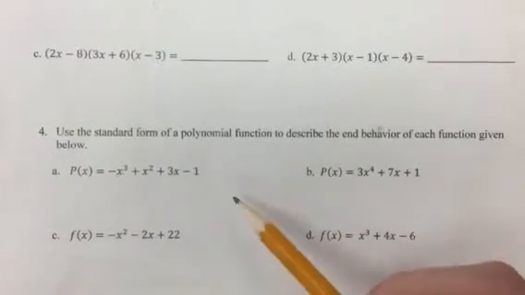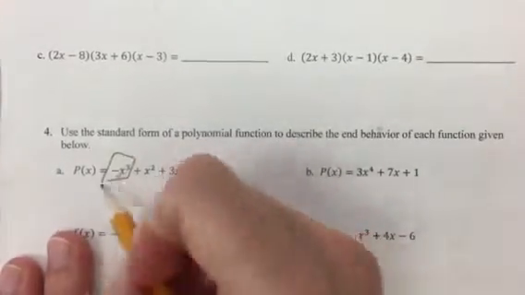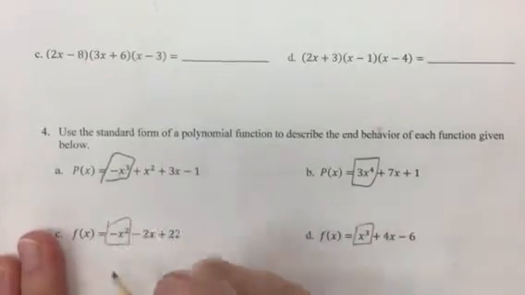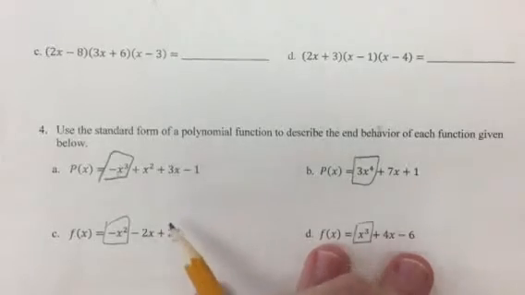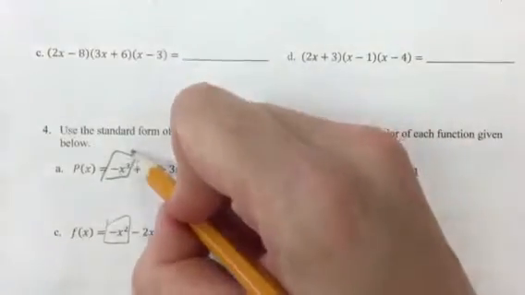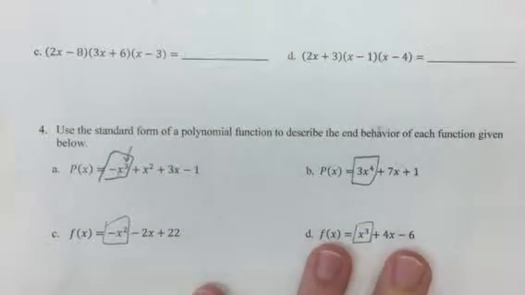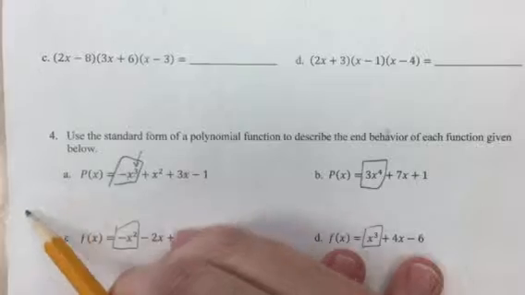Now, the great thing about standard form is that once you have that, this leading term is everything you need to look at to describe the end behavior. And there's a couple pieces of information in there. If the leading term has an odd numbered exponent, we know that the end behavior is going to go in opposite ways.